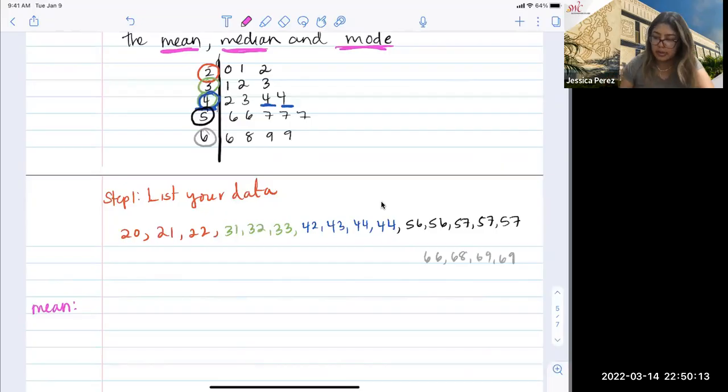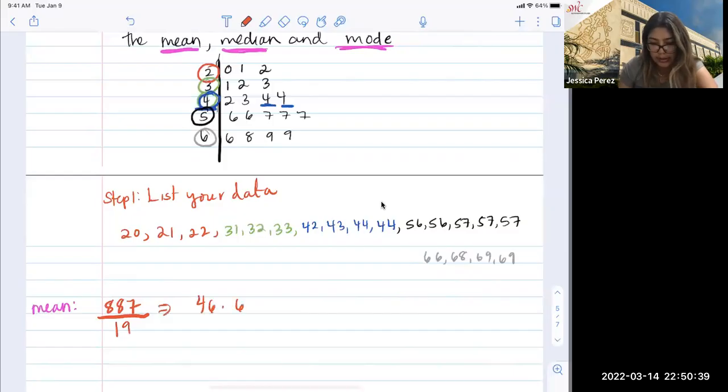That gives me a total of 887 divided by 1, 2, 3, 4, 5, 6, 7, 8, 9, 10, 11, 12, 13, 14, 15, 16, 17, 18, 19. 19 is in my sample, which is a total of 46.684. So this will stay as 46.68. That is your mean.